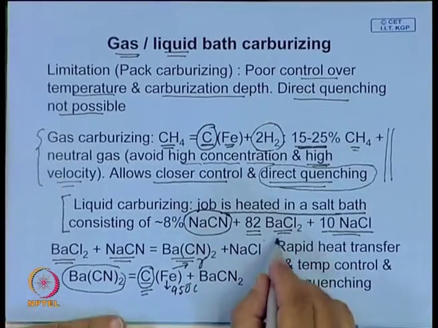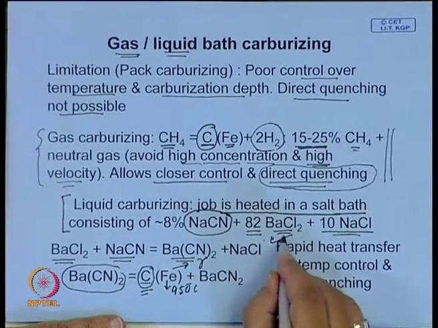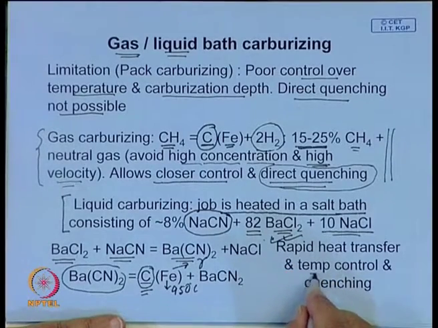So, obviously, you are dipping the job in a liquid bath which is already heated. So, there is rapid heat transfer, the process is quite fast, you have better control on temperature, and after a certain hold time you can take out the job and quench in an appropriate quenching medium.